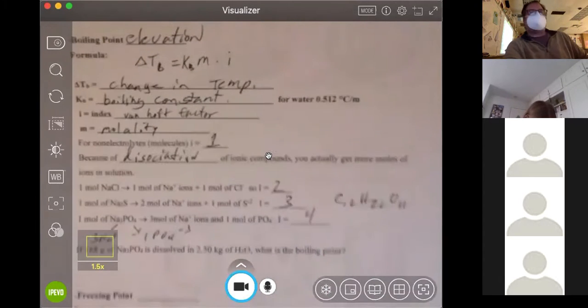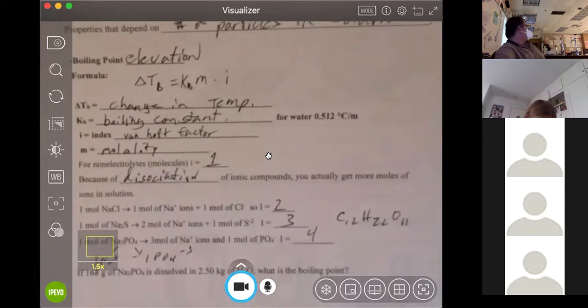How about C12H22O11? That's sugar, right? Sucrose. Nope. This is one of those student of the month questions.